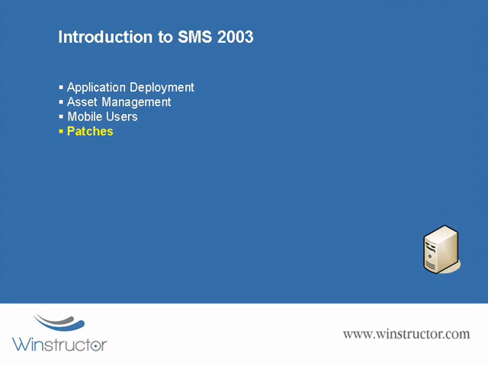Also, with SMS 2003, your life as a security administrator has been made considerably easier, as SMS can identify which clients out there in your network need certain patches applied, and it provides rich reporting back to you, or you can automatically apply the required patches in real time if you'd prefer.